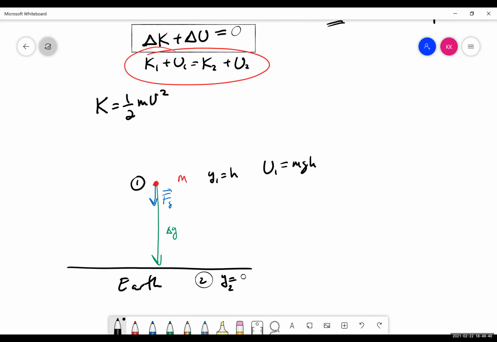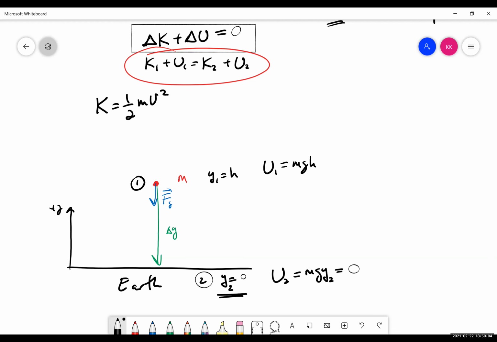Since h is not 0, and I'm taking up to be my positive y direction, this is my potential energy. Obviously, it's a positive potential energy, right? Because it's above my reference position, which is 0. But then what is the potential energy of point 2? Well, it's mg times y2, but since position 2 is 0, there's no potential energy there.